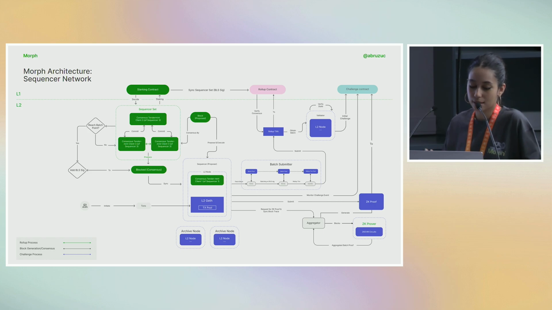It's a way to make sure that only serious and committed participants get to do this job. Once they're part of the sequencer set, their main task is to take all of the transactions that haven't been confirmed and put them into blocks. Then they work together to check and agree that everything in those blocks is correct.